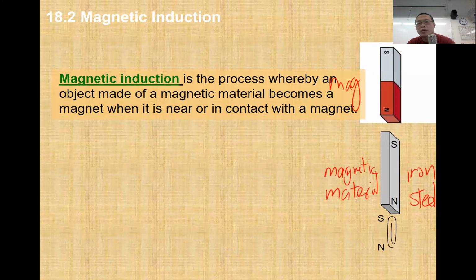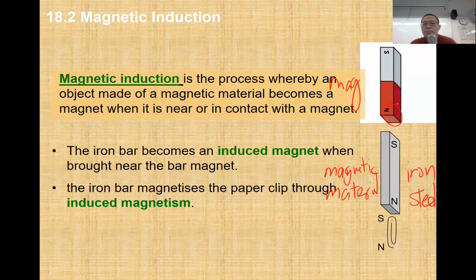Why? Because when I put the magnet near the steel bar or the iron bar, whichever magnetic material you use, it will be induced into a magnet, which means that I will actually induce a pole. This is what I mean by induce. Temporarily I bestow the ability for magnetism, so I'm inducing a south pole. Why is it a south pole?